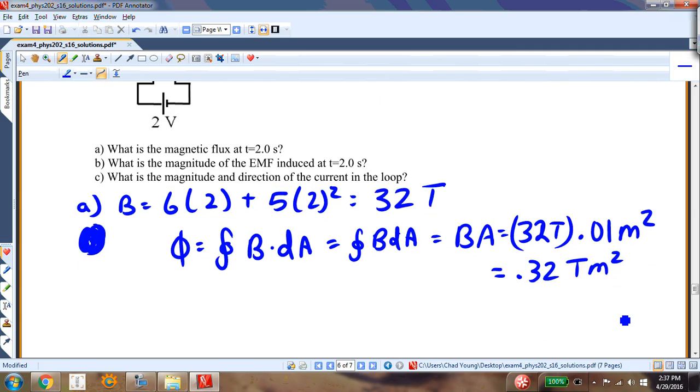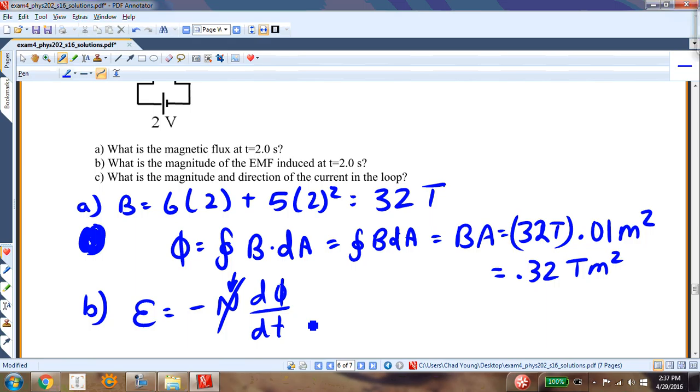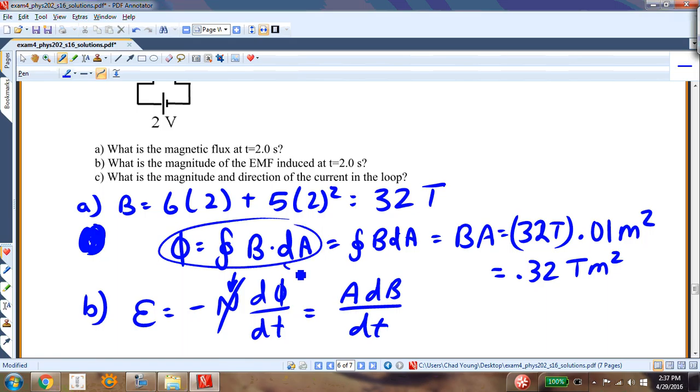That's my magnetic flux. Now I want to know what is the magnitude of the EMF. Well, the EMF is equal to negative N d phi dt. The N, I only have one turn, so I'll just leave it off here. And the negative has to do with our direction, so we'll forget about that for now. We're going to use Lenz's law. But this is going to be equal to, our d phi is going to be A times dB over dt. I basically use this definition here to say that my d phi is A dB.